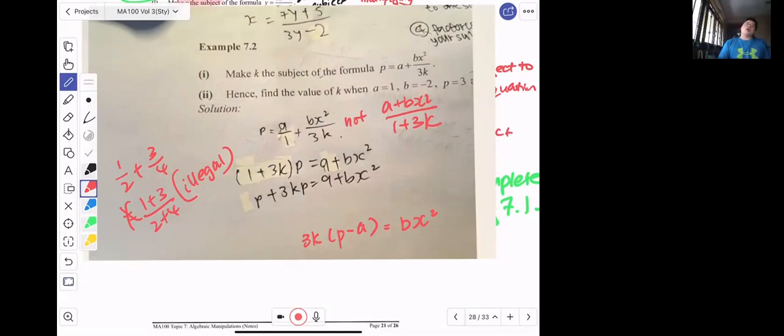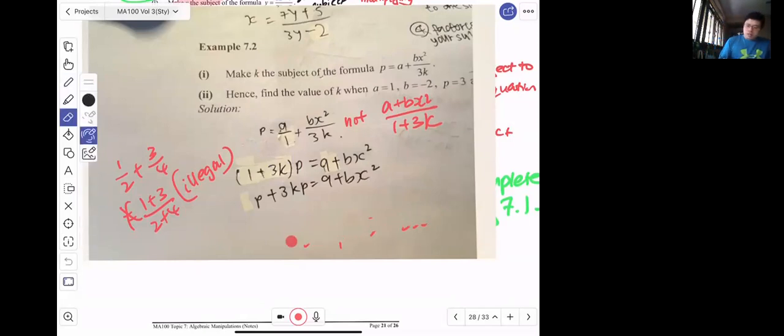Oh yeah, you're right. Wait, let me see. Am I correct? Okay, sorry, I made a mistake. P minus a multiplied by 3k equals bx squared.